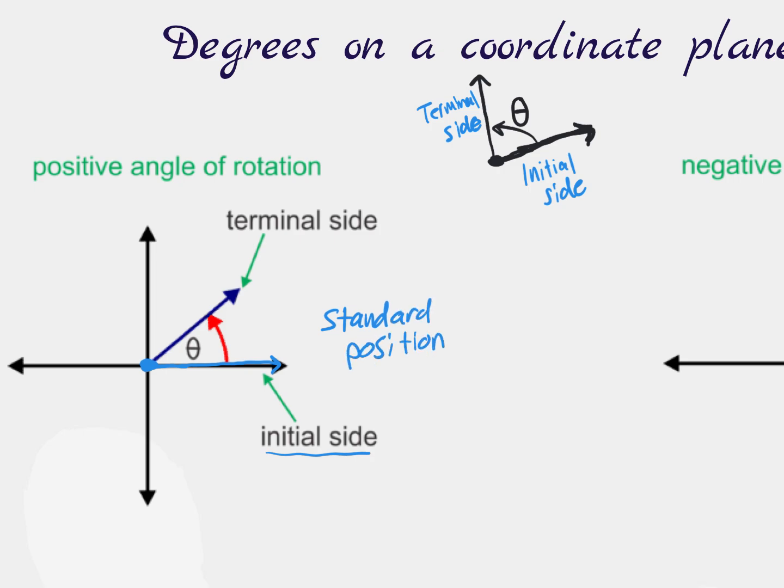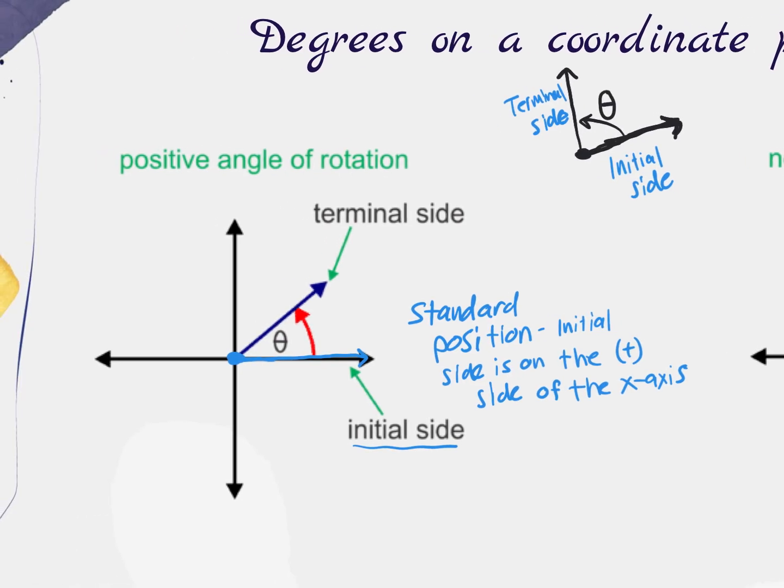Let me write out what I just said: in standard position, the initial side is on the positive side of the x-axis. And it's still going to have a terminal side, like this one pictured here.